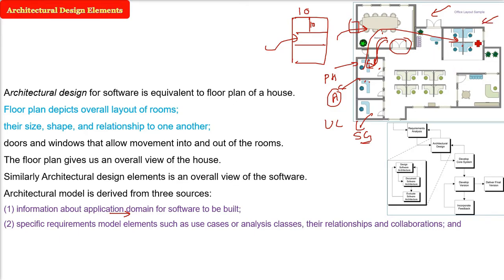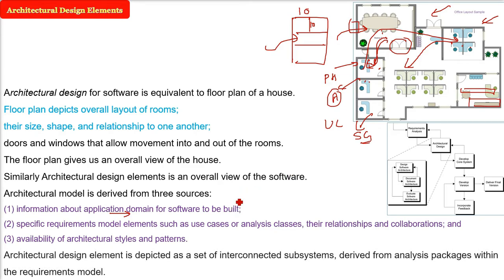This is the specific requirement model element like the use case and analysis classes and also their relationships. This is the input for the architectural model. And whatever can be reused, that is the architectural styles and patterns. For example, all bathrooms on every floor will have a sink. So this can be a pattern or an architectural style.